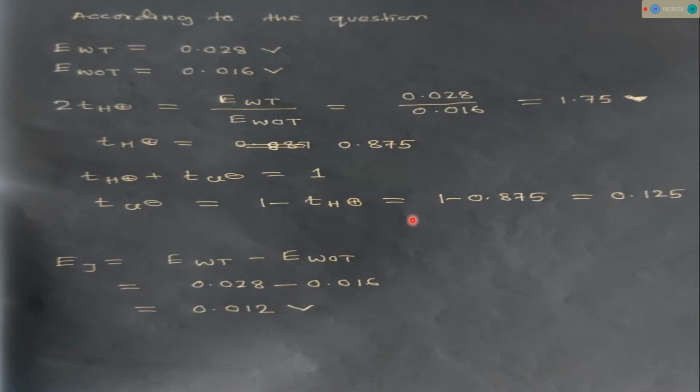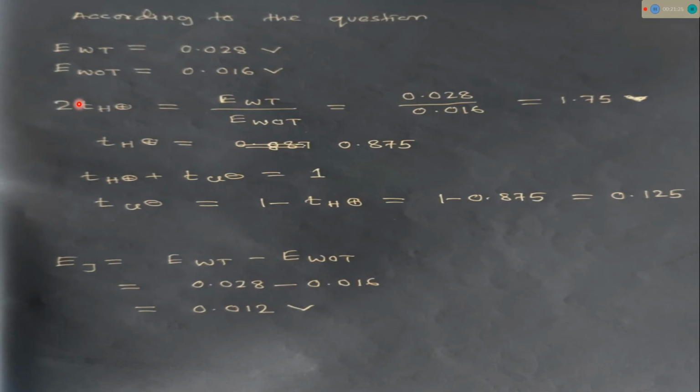Now in the question, they have already given that the EMF, that is E with transport, is 0.028 volt. E without transport they have already given as 0.016. Now we have to find the transport number of anion, that is chloride, and the potential at the liquid junction, that means E_J, the liquid junction potential.